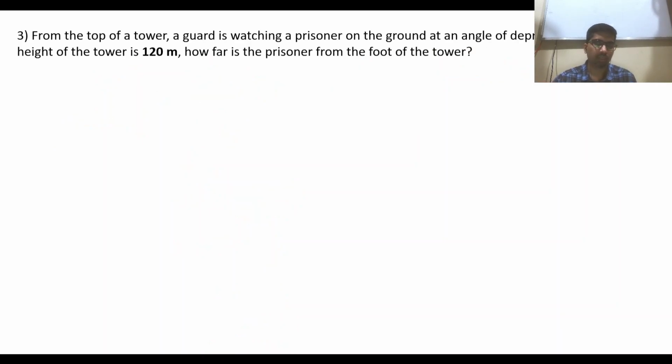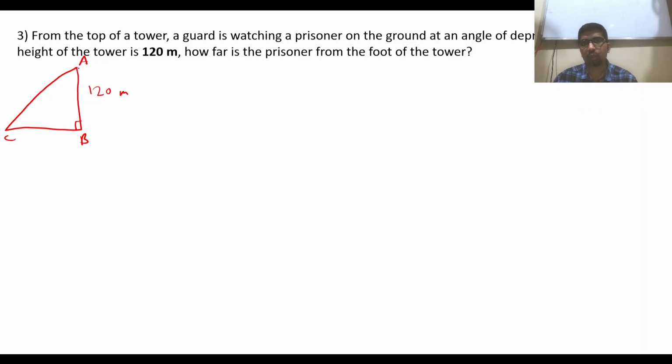So now let's go further. Let's go for other angles. From the top of a tower, a guard is watching a prisoner on the ground at an angle of depression of 30 degree. If the height of the tower is 120 meters, how far is the prisoner from the foot of the tower? So let's draw the structure. We have ABC. AB is the watchtower, and the height of the watchtower is 120 meters.